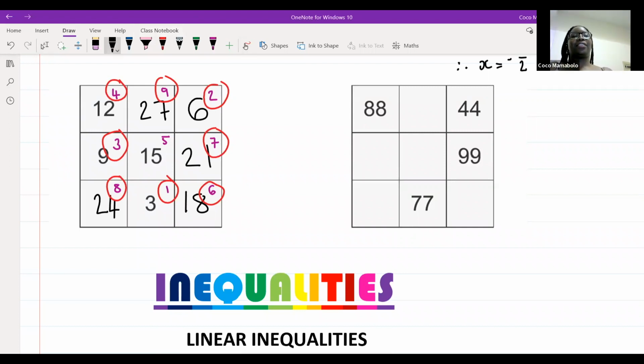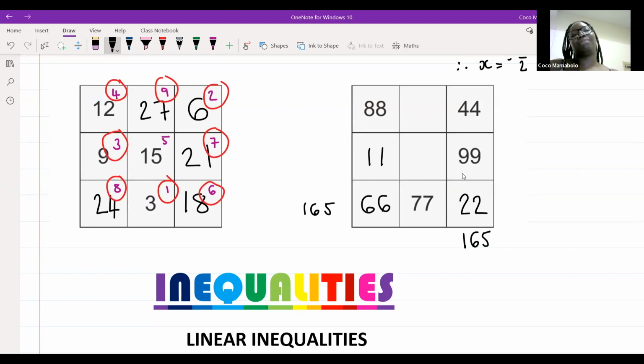So for the third row, you're going to put 44 plus 99 plus 22, which gives you 165. And then you're going to put 22 plus 77 plus 66, which also gives you 165. That's it. And then you're going to put 88 plus 11 plus 66.